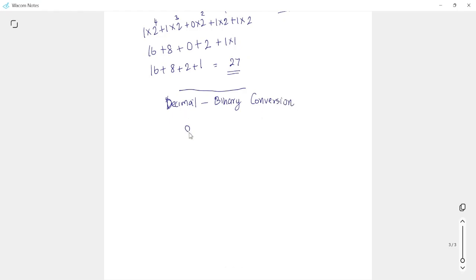So let us take the decimal number 8 and I want to convert it to binary. So what I'm going to do is repeatedly divide 8 by the number 2. So 8 divided by 2 is 4.